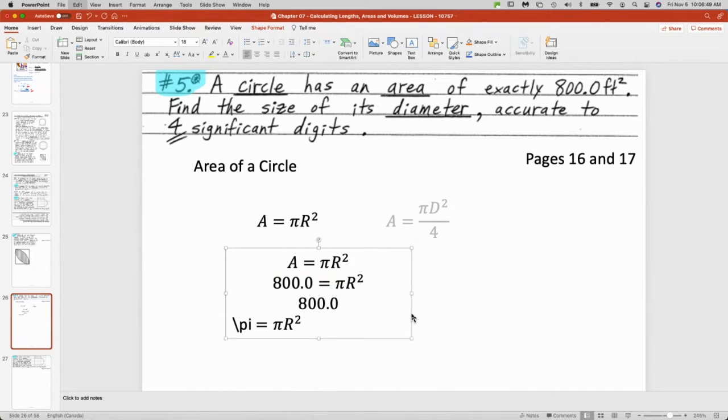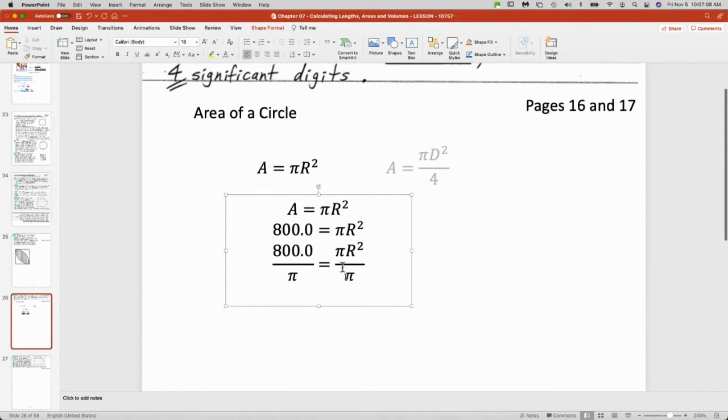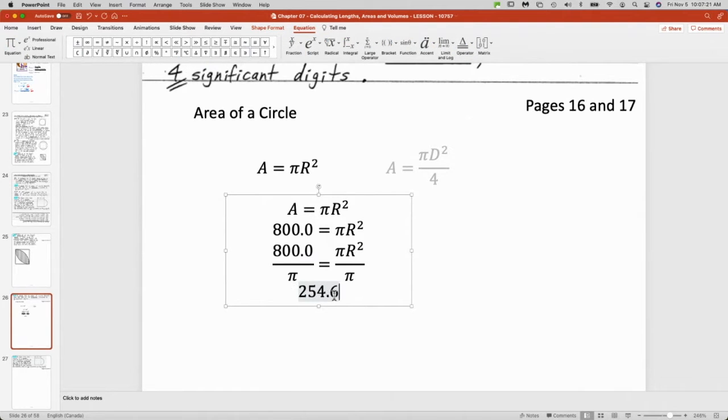If we divide this side by pi and this side by pi, then the pi's over here will cancel. If you do 800 divided by pi on your calculator, you get 254.648.